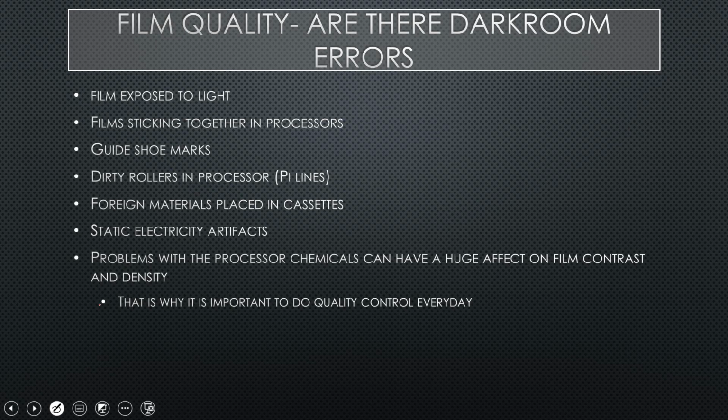Are there guide shoe marks? Are your rollers dirty? Are there any foreign materials in the cassettes? Static electricity. Any problems with the chemicals? So it is important to do quality control every day when you have a darkroom.